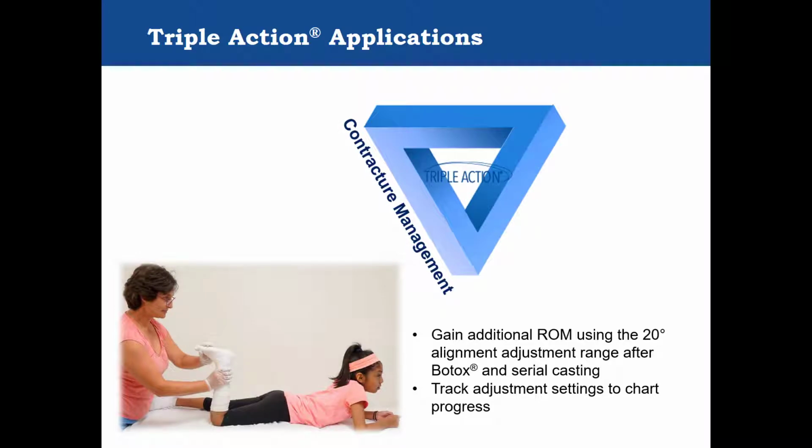The triple action's alignment feature has a 20-degree adjustment range and may be used to maintain or further increase range of motion after serial cast removal.